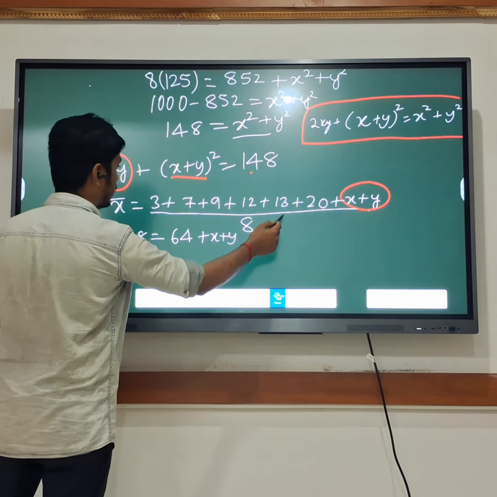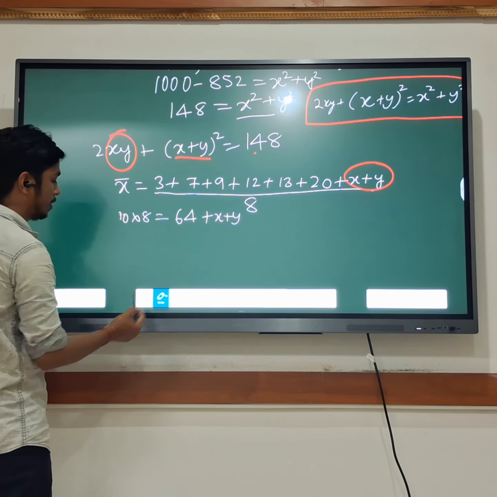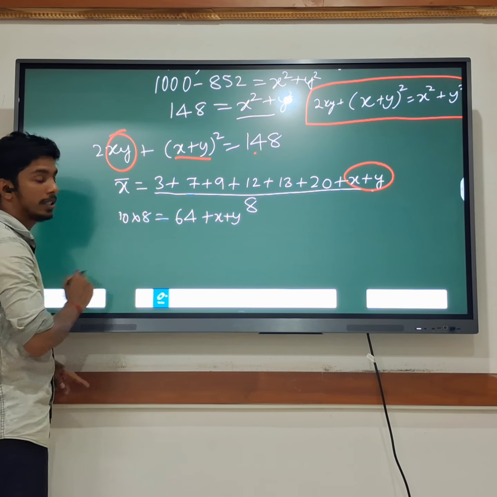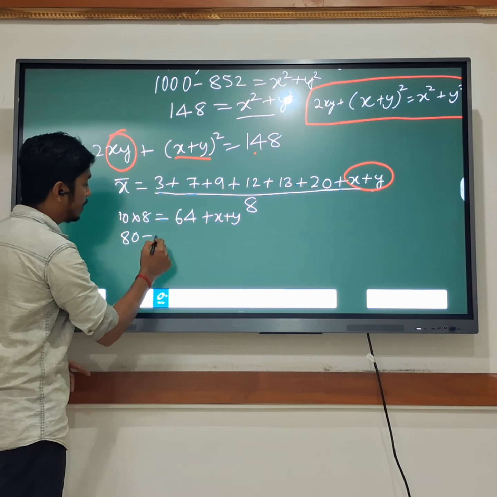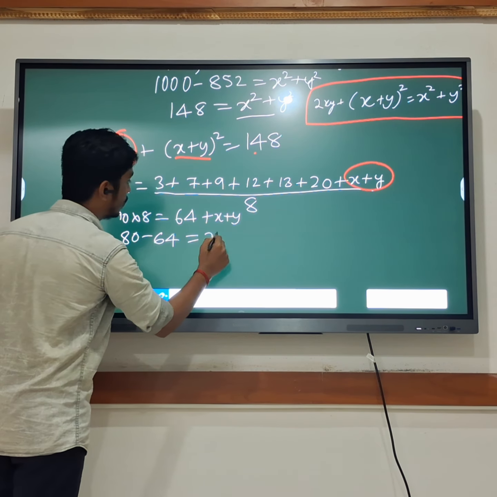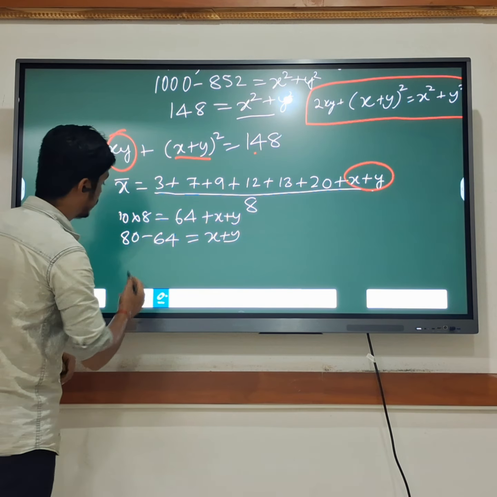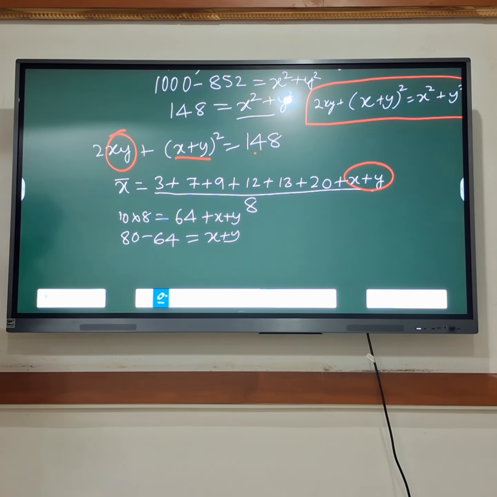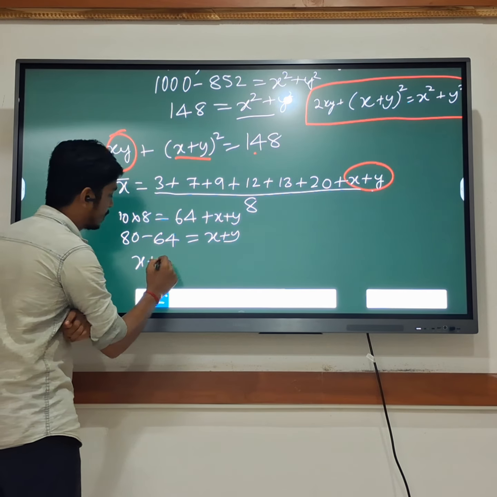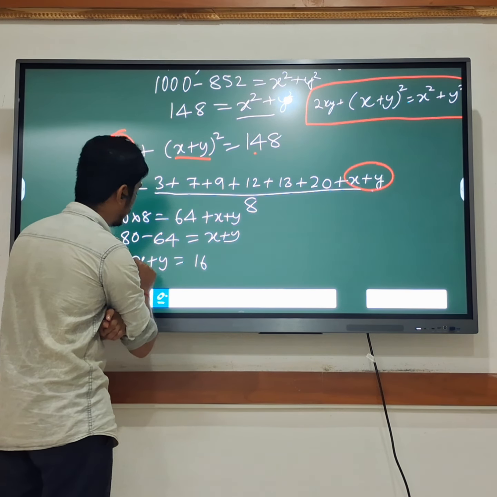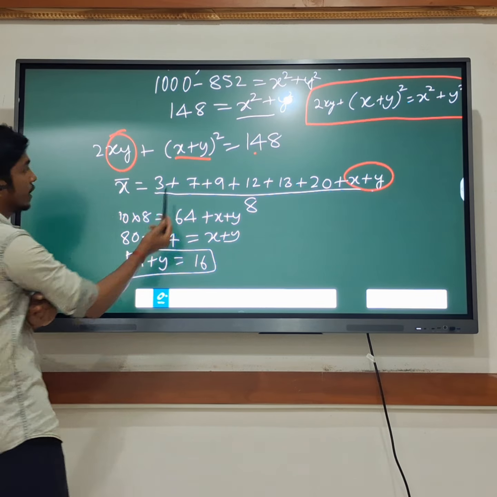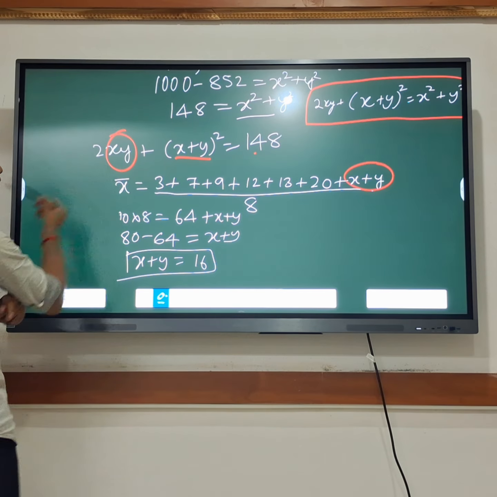Right. Now see, last step. 10 into 8 is 80. 80 minus 64 is equal to x plus y. So 80 minus 64 is 16. So we got x plus y is equal to 16. Just put it in here. We will get the xy value.